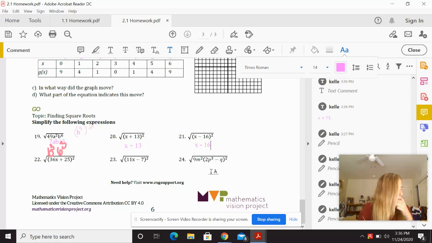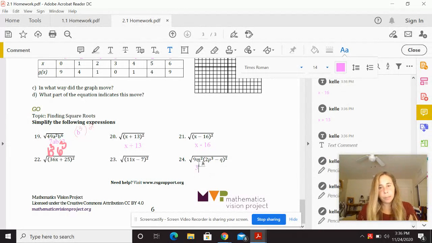Okay, and then 24. So just go one thing at a time. What's the square root of 9? What number times itself is 9? 3. m squared, the radical is going to cancel out the squared, so you're just left with m. Okay, and then you have all this stuff in the parentheses, but it's all squared. So once again, the radical is just going to cancel out the 2.